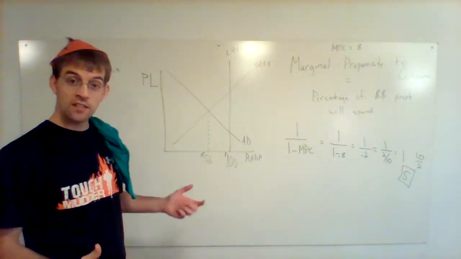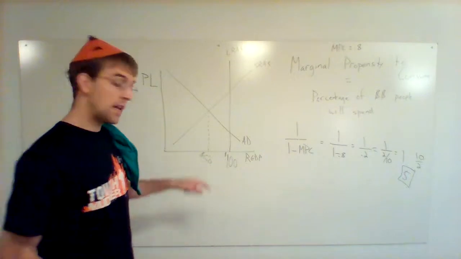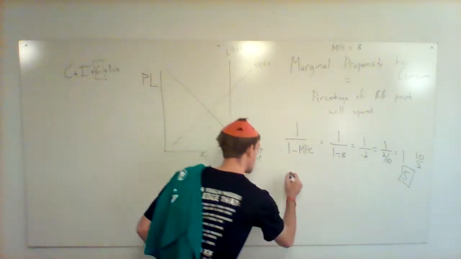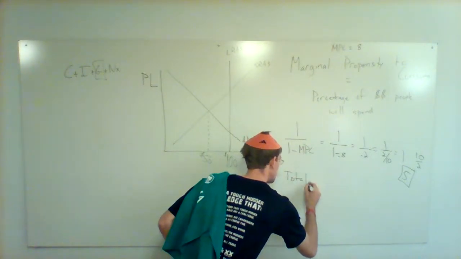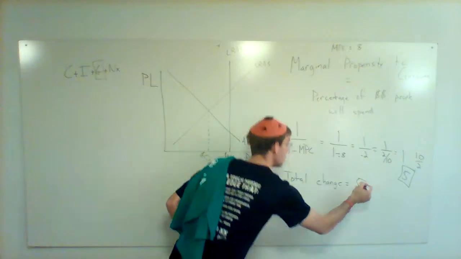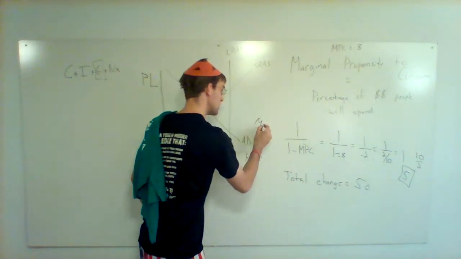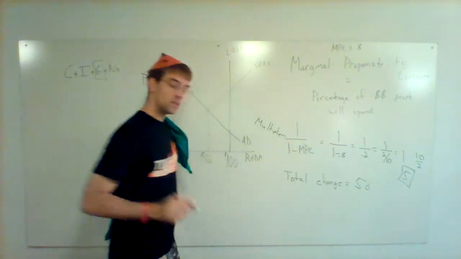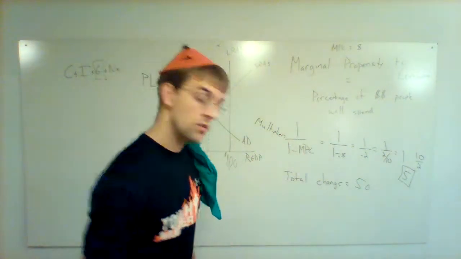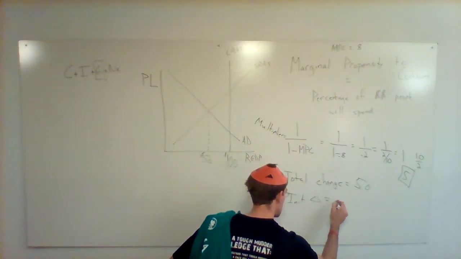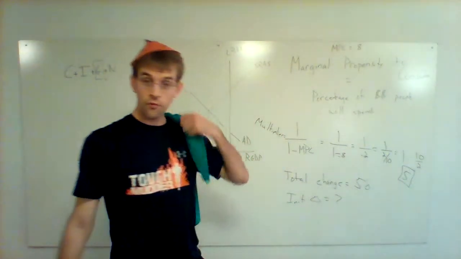Now, the other thing that you got to figure out is we want to know how much the government has to spend initially to get a total change of $50. So we know something. We know our total change equals 50. We know our multiplier equals 5. But we don't know our initial change. So initial change equals question mark. Well, here's the formula.